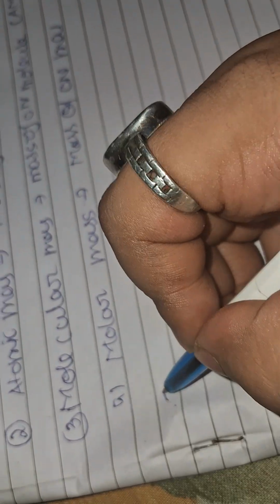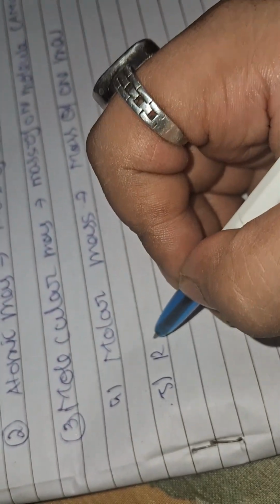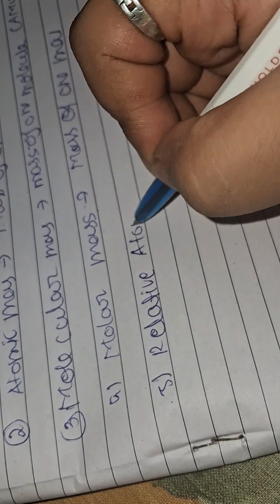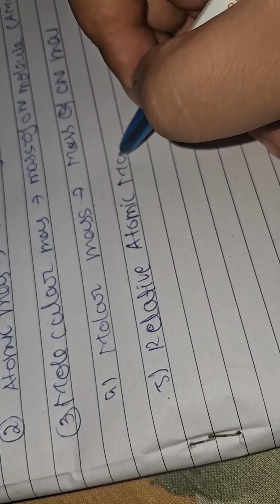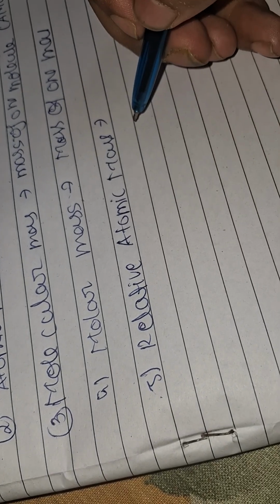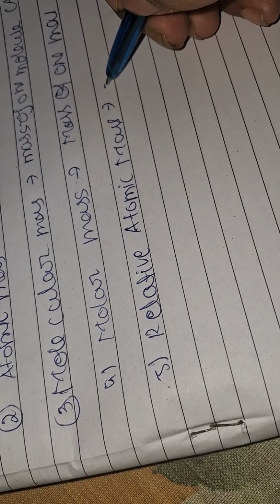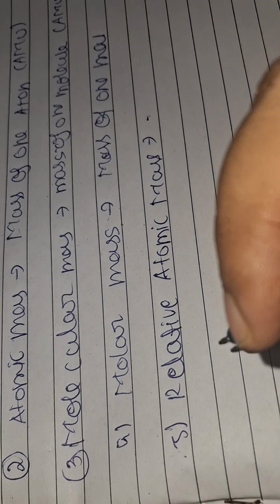Next is the relative atomic mass. The relative atomic mass does not have a unit because it gives the relative atomic mass.